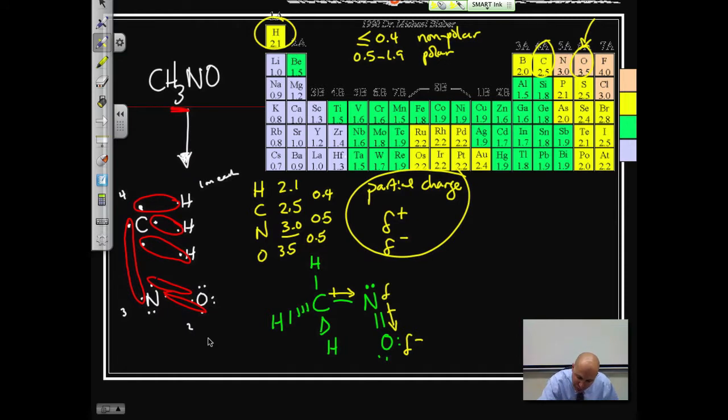This nitrogen is partially positive, but it's also partially negative because this carbon is not pulling as much as the nitrogen. So here would be a really nice drawing of CH3NO with the whole perfectly drawn shape along with polarity.